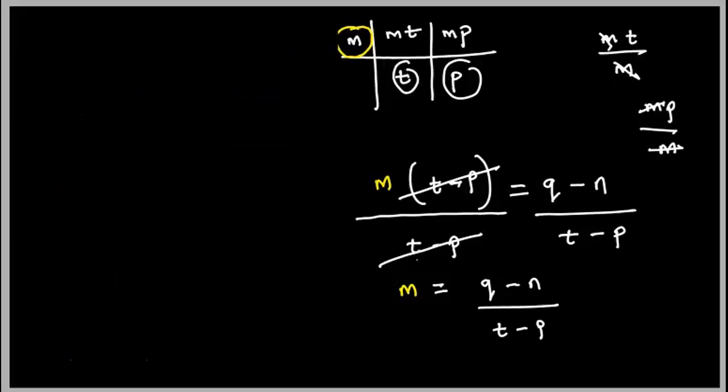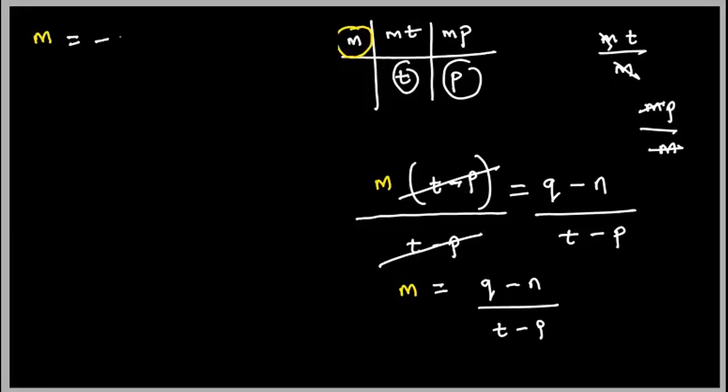Now, you could have a different form of answer, just like we've been doing. To have a different form of this answer, I will have to multiply the numerator and the denominator by -1. And I will have m as equals to. So, I'm going to multiply the numerator by -1.